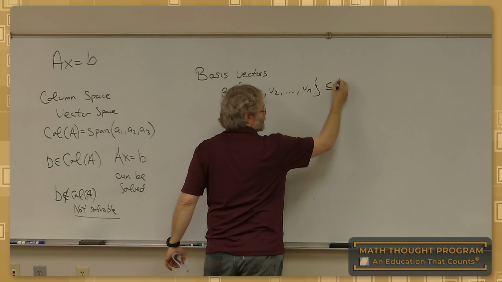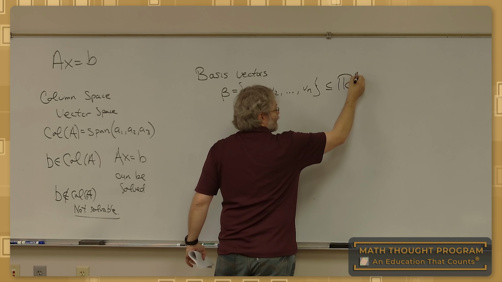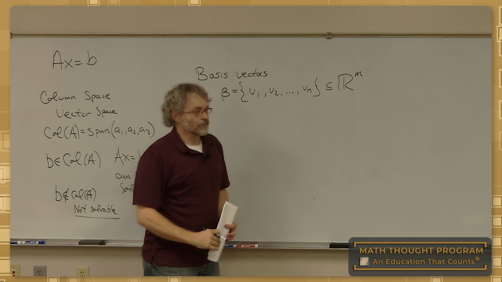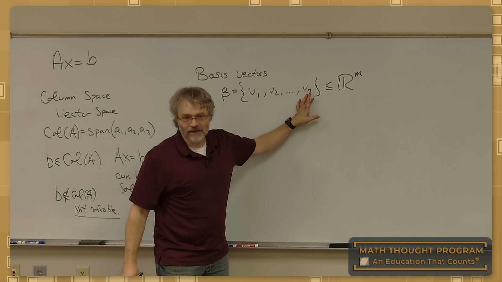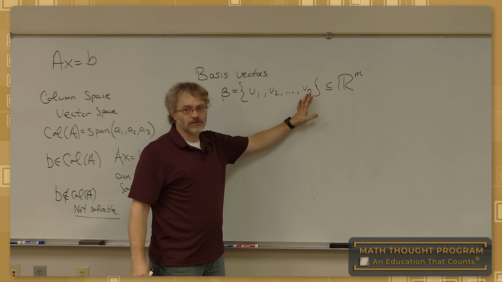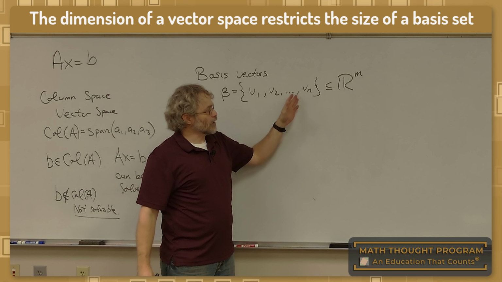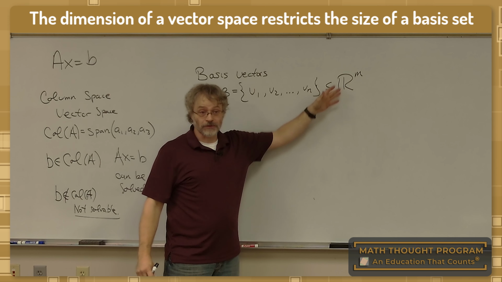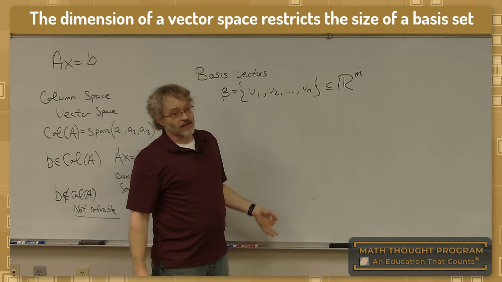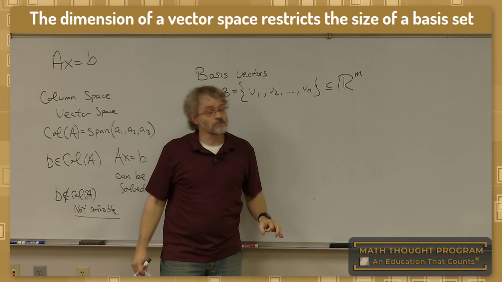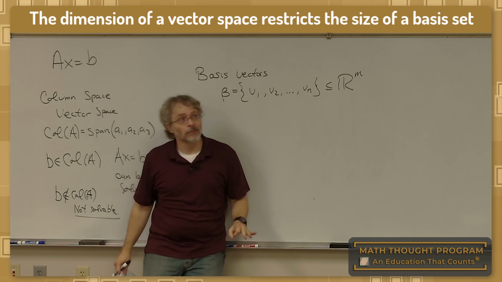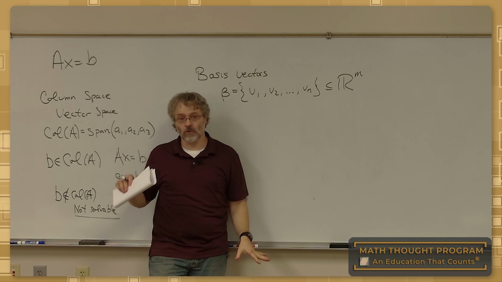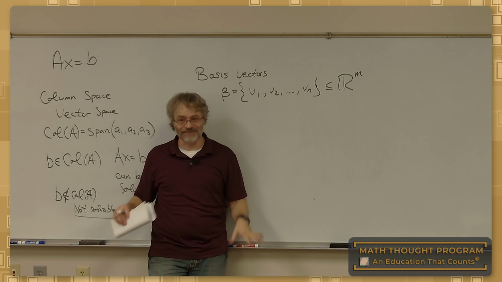Let's say they're going to be a subset in the nth dimension. You could have m vectors or 2 vectors. That's okay. You just want to make sure you don't exceed the value for m. Because if you exceed the value for m, what's going to happen is you're going to destroy this aspect of being linearly independent.